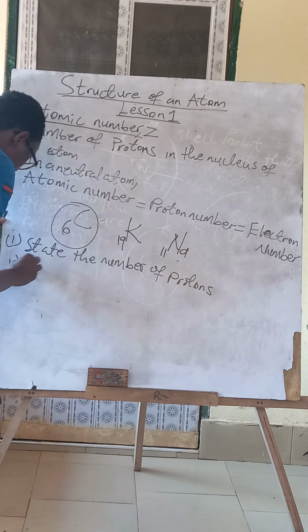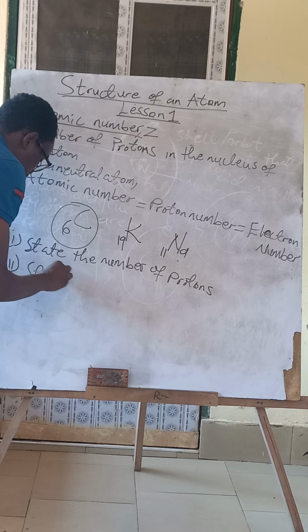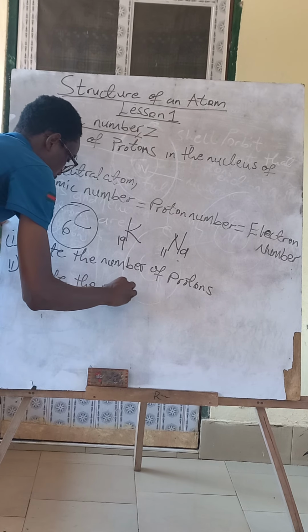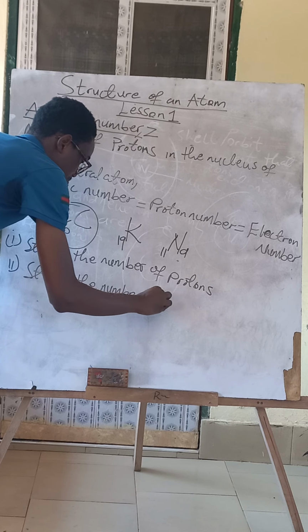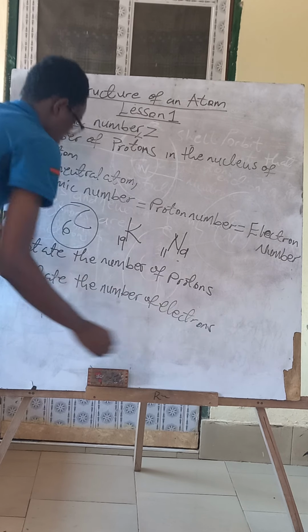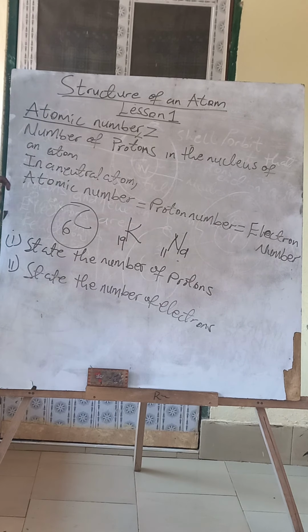II. State the number of electrons. And I'm saying that because this is an atom, atomic number, proton number, and electron number are the same.